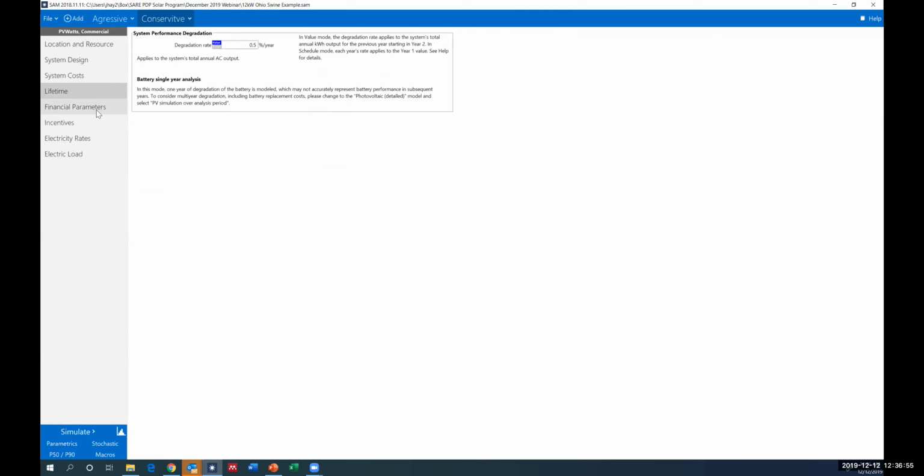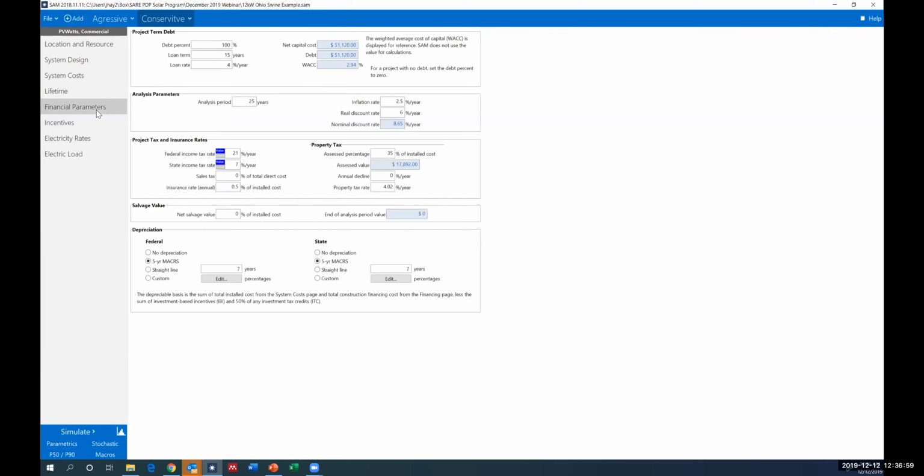Lifetime, we're just suggesting that the degradation factor is there. Financial parameters, this is one where we spend a little time, and I want to make note of something we changed from last week. We had a property tax rate of 4%, and that was correct.